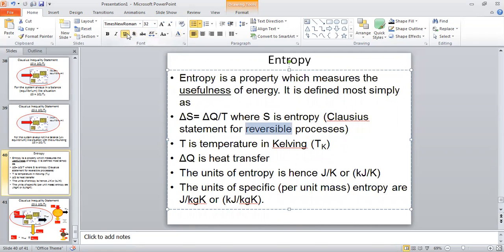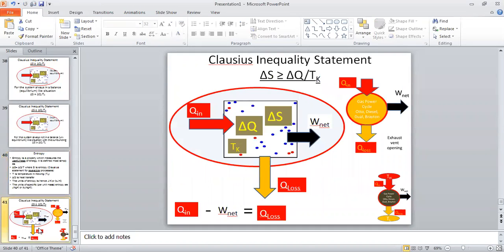In a reversible process there is no friction, and there is always quasi-equilibrium. There is an equilibrium with the surroundings, meaning in any heat transfer the temperature difference should be very little.